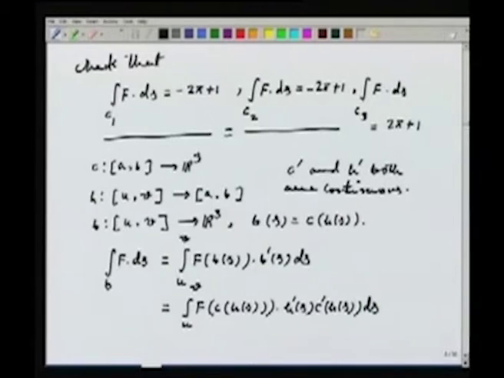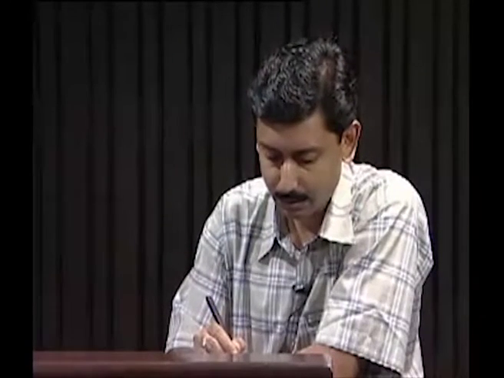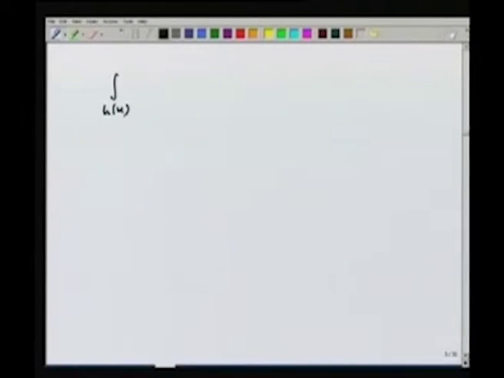Now I do a change of variable to put H of s equals t, and then let us see how the integral changes. If H of s equals t, then the limits of integration will certainly change from H of u to H of v.